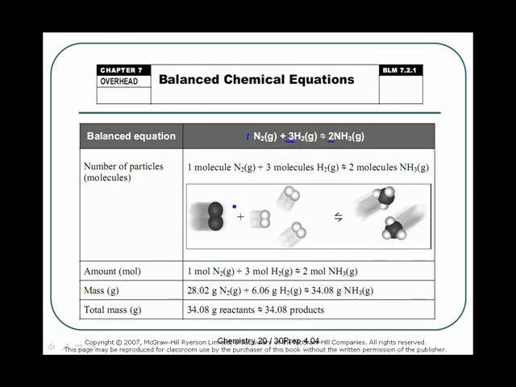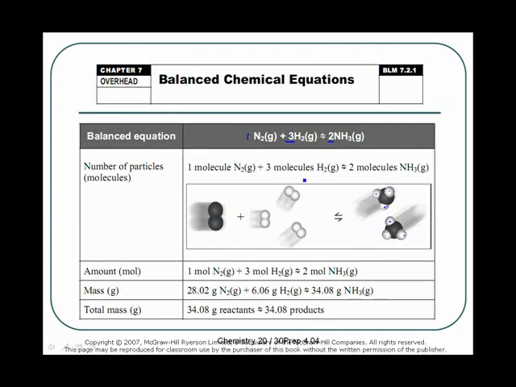And if you just count the atoms, there's 2 nitrogen atoms as reactants, there's 2 nitrogen atoms as products, there's 6 hydrogen atoms as reactants, and in our products, there's 6 hydrogen atoms. It's just now there's 3 attached to each nitrogen.